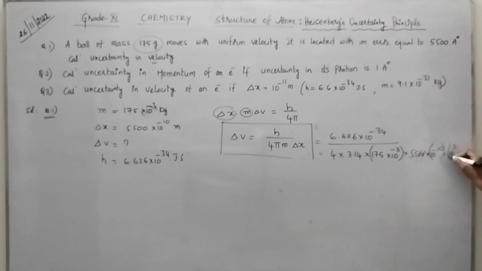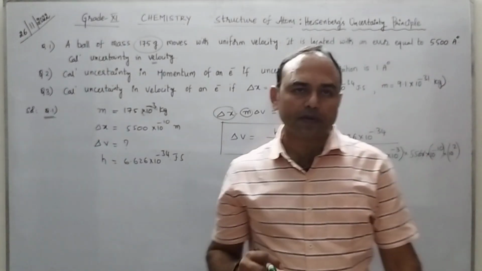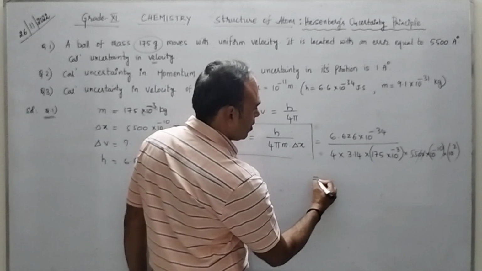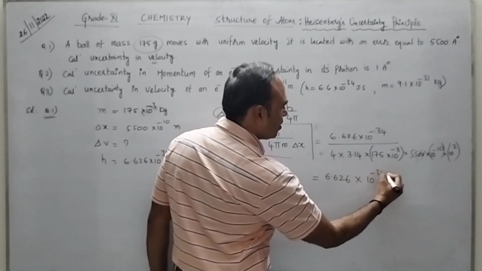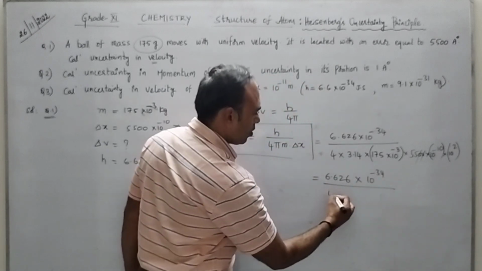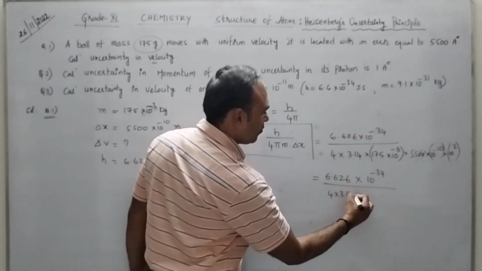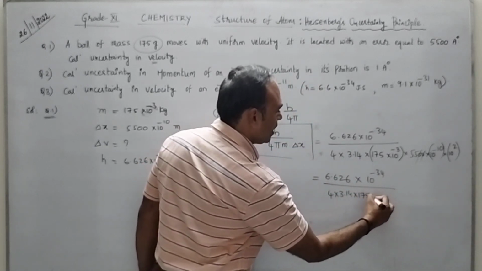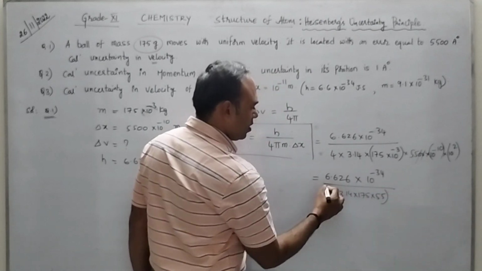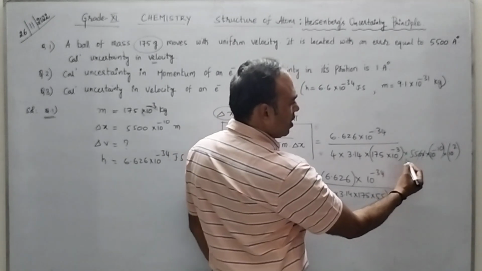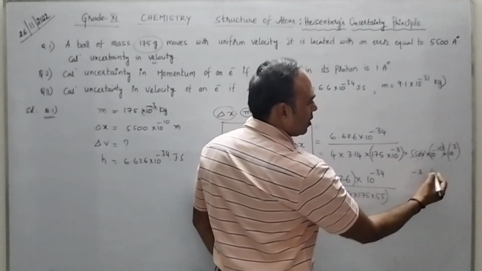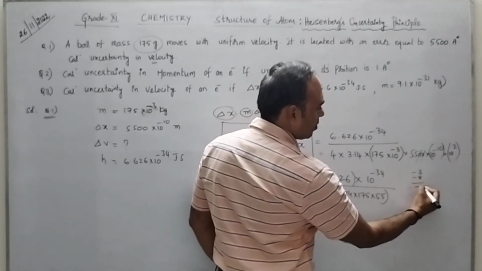First, try to solve the power of 10. What is that? 6.626 into 10 to the power of minus 34 by 4 into 3.14 into 175 into 55. This value we can calculate separately. Now here we have minus 3, then minus 8, nothing but minus 11.